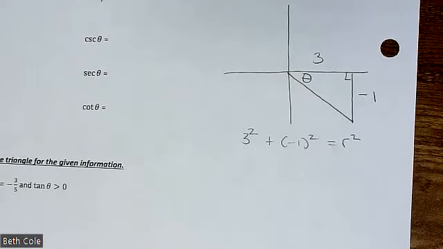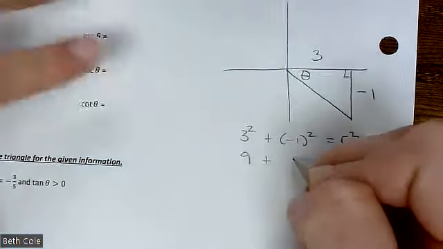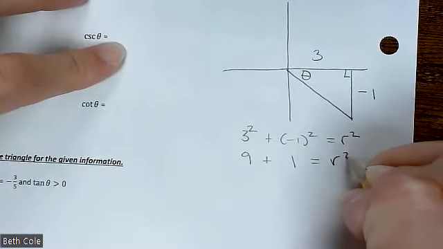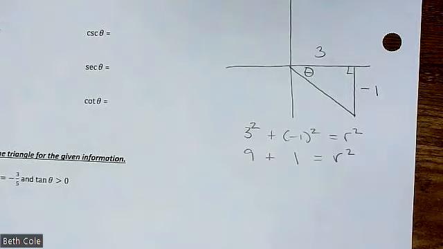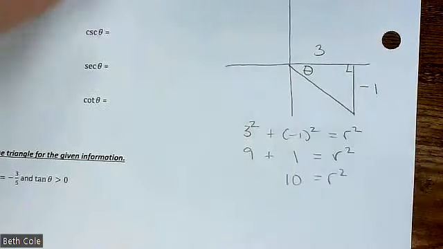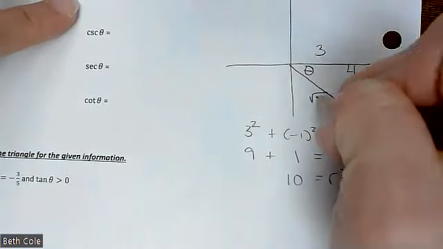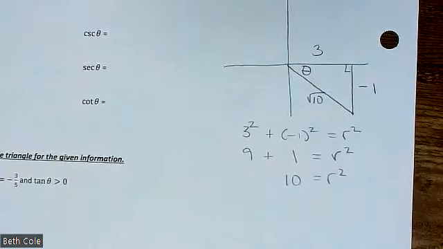So 3 squared, 9. -1 squared is +1. And then 9 plus 1 is 10. And so r is square root of 10. Again, if it doesn't split, you just leave it alone. And then we're going to write out all the answers.